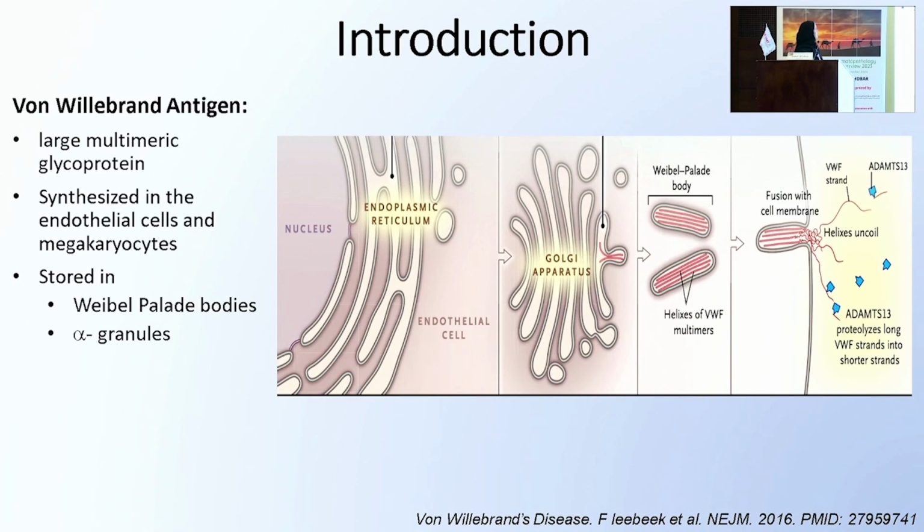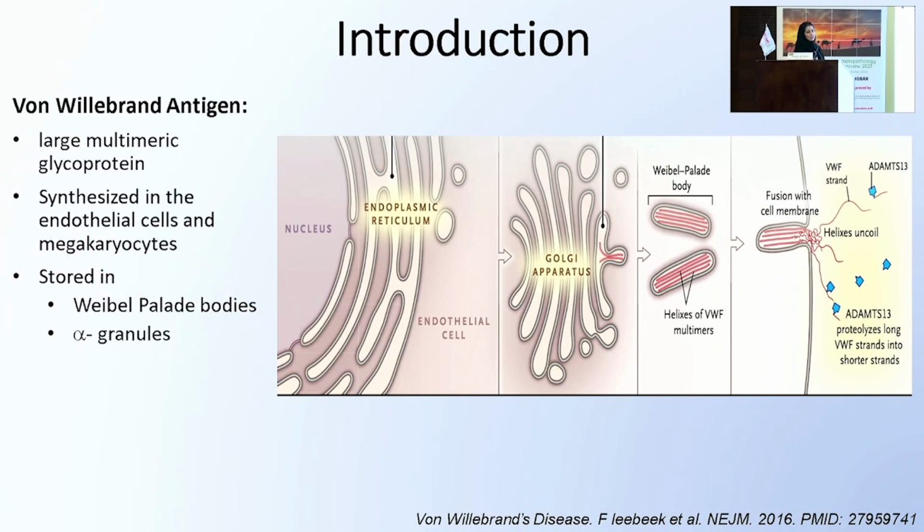So von Willebrand antigen is a large multimeric glycoprotein that is synthesized in the endothelial cells and megakaryocytes, and then it's stored in the Weibel-Palade bodies and alpha granules of the platelets and endothelial cells. Now, this process is really complex.